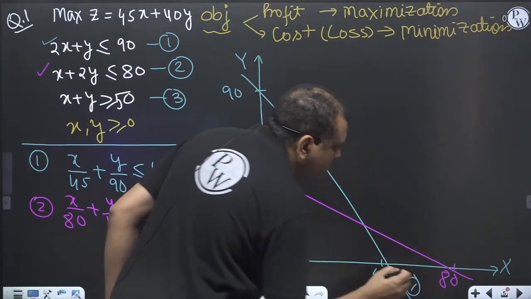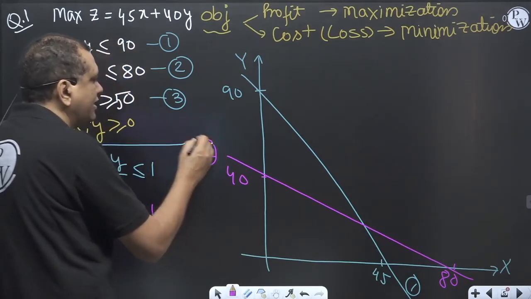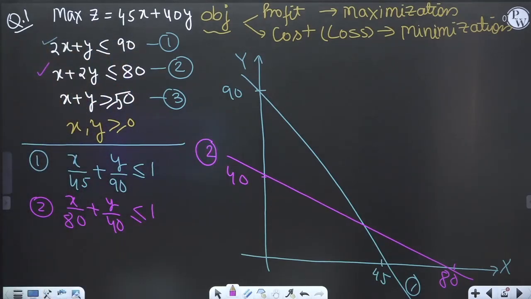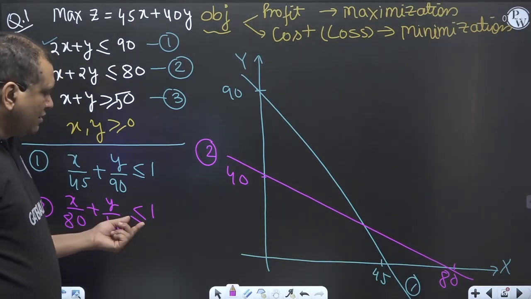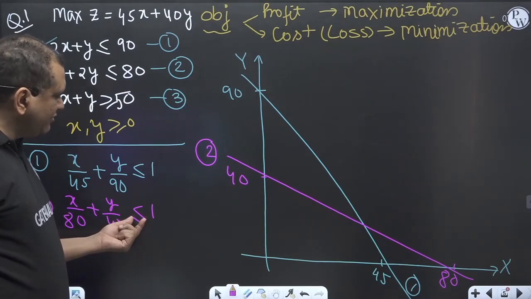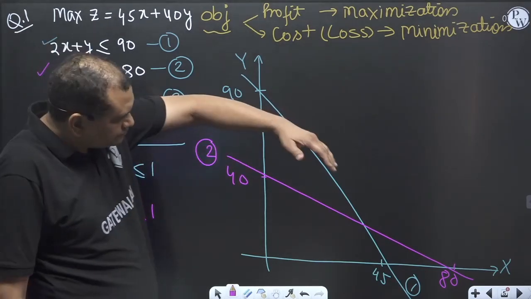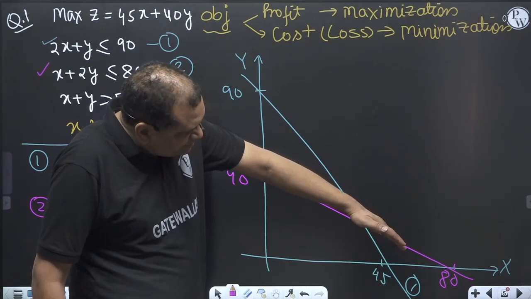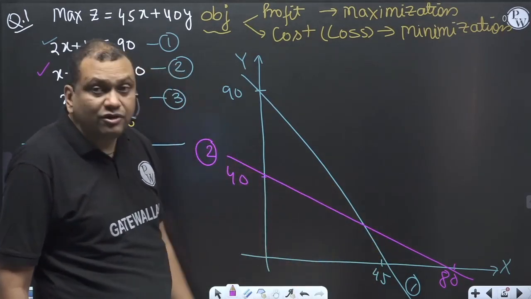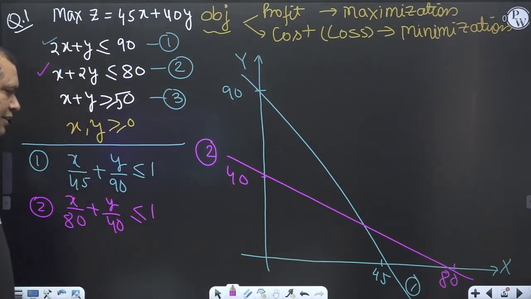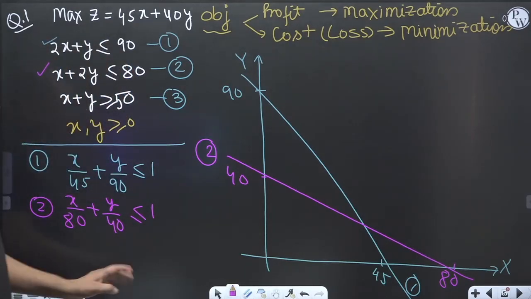And this is my line for the second constraint. Exactly the same procedure. Now, because it is a less than or equal sign, my region will be towards the origin. Okay? It's very, very easy.